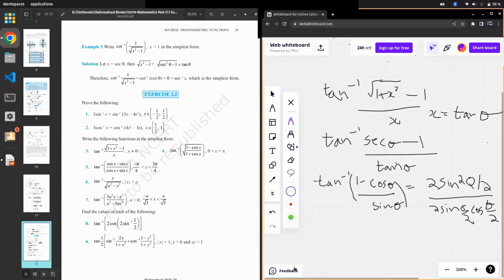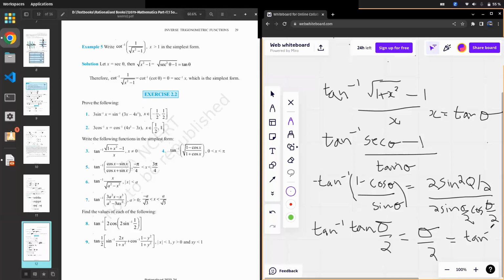So our expression will be tan inverse of tan theta by 2. So this will be equal to theta by 2. Since we have assumed that x is equal to tan theta, this will be equal to tan inverse of x by 2.